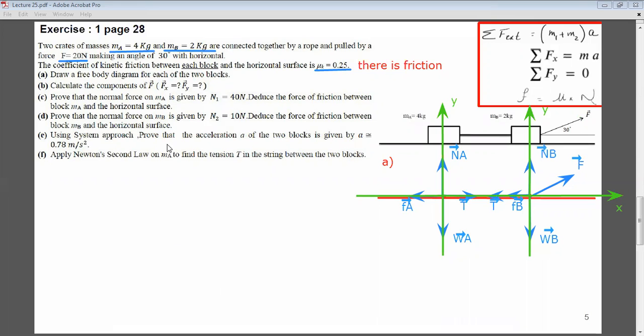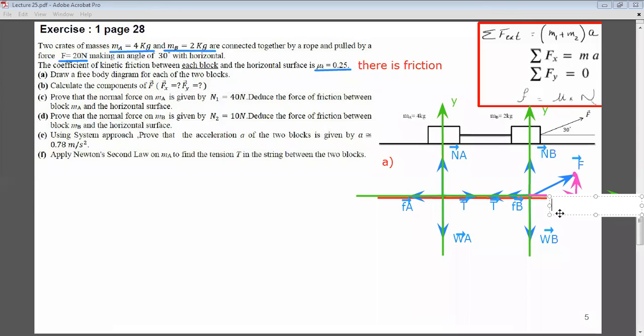This is part A. Part B, calculate the components Fx and Fy. So first I draw them before I attempt to calculate them. This is the tip of force F. Now I go on the x-axis until I reach the tip, then I go on the y-axis until I reach the tip.